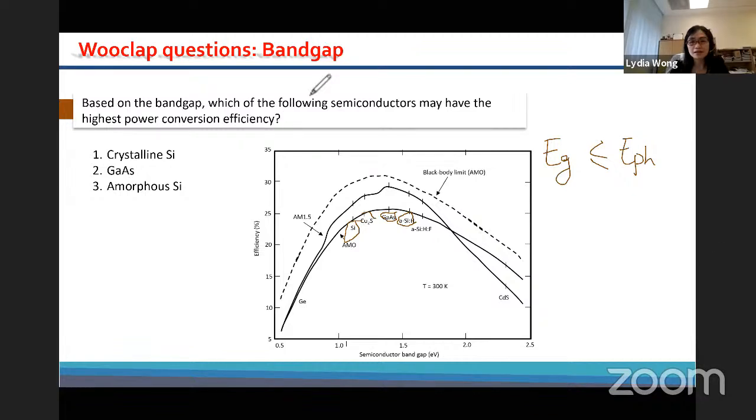So you know the smallest band gap is silicon, and the highest band gap is amorphous silicon. Okay, let's take a look at the results. Interesting answer.